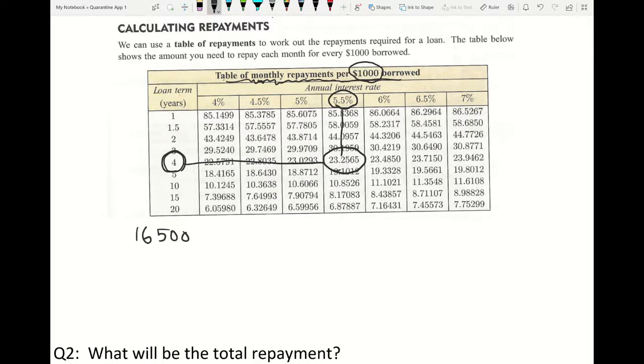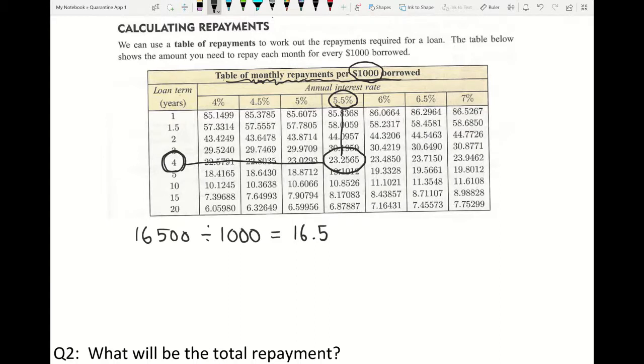I know some of you can figure it out intuitively and quickly, but all you need to do is divide 16,500 by 1,000. How many 1,000s can you fit in? And if you do that on the calculator, you get 16.5. In other words, you have sixteen and a half 1,000s.